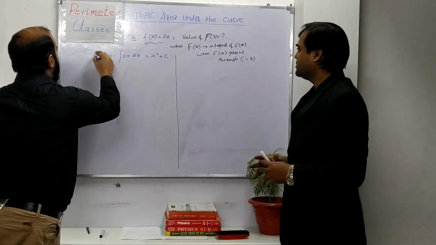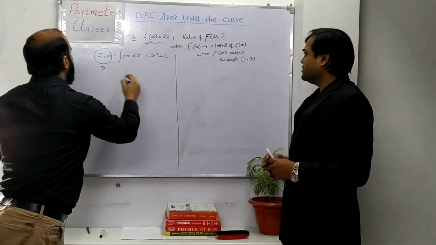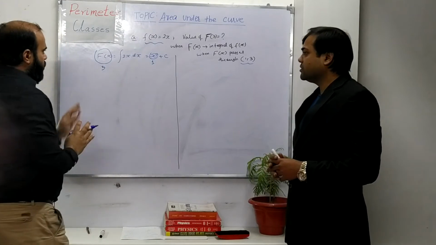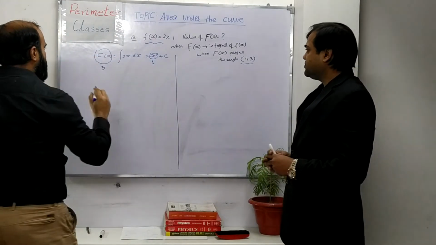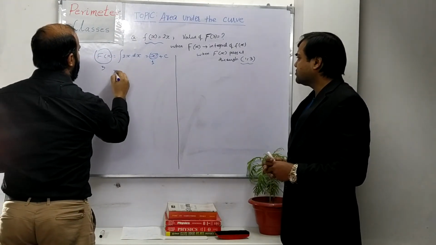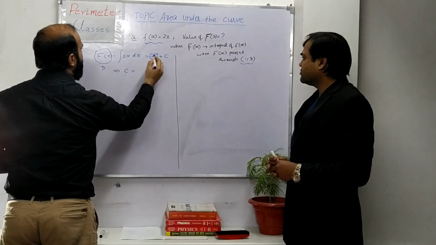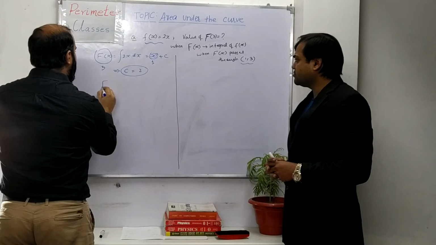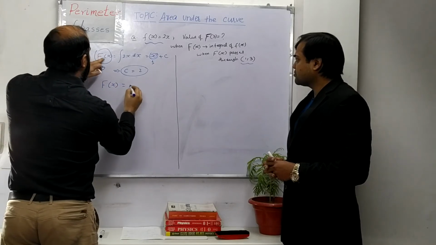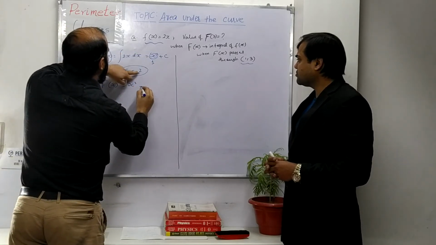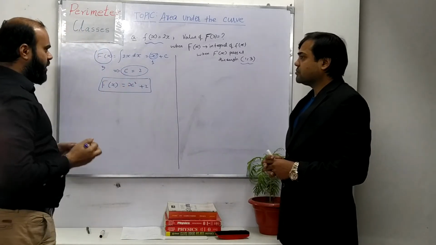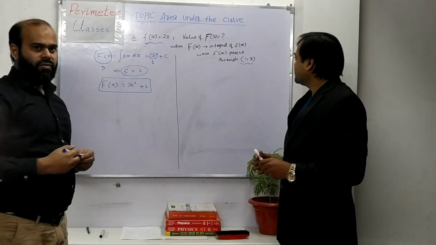So we can find c, which is 3 minus 1 square, so 3 minus 1, which is 2. So the exact curve is F(x) equal to x square plus 2. This is the exact indefinite integral of this function 2x.